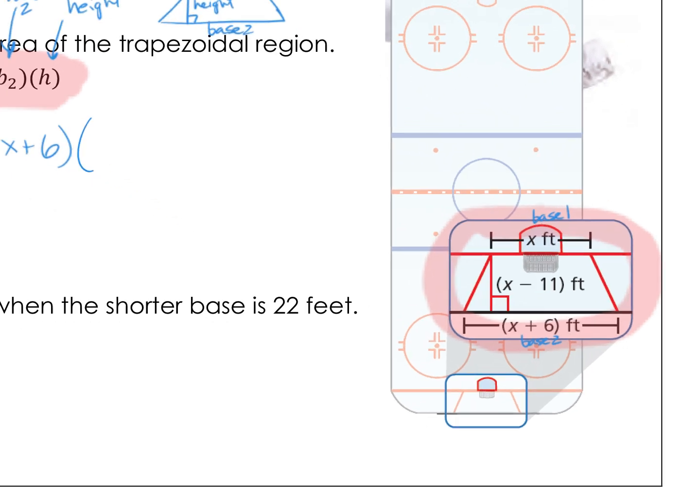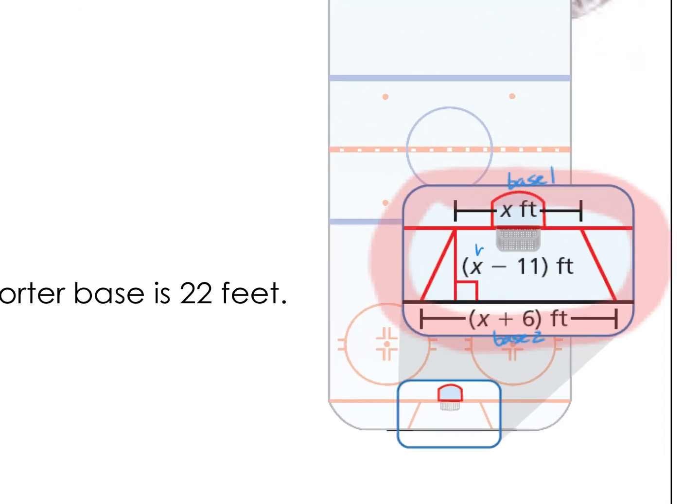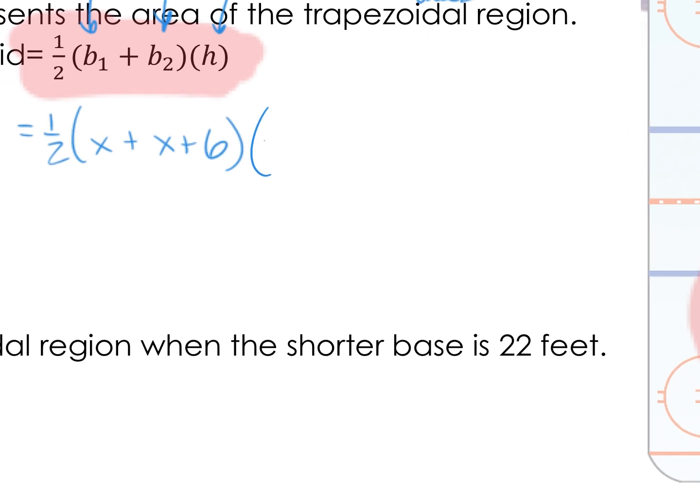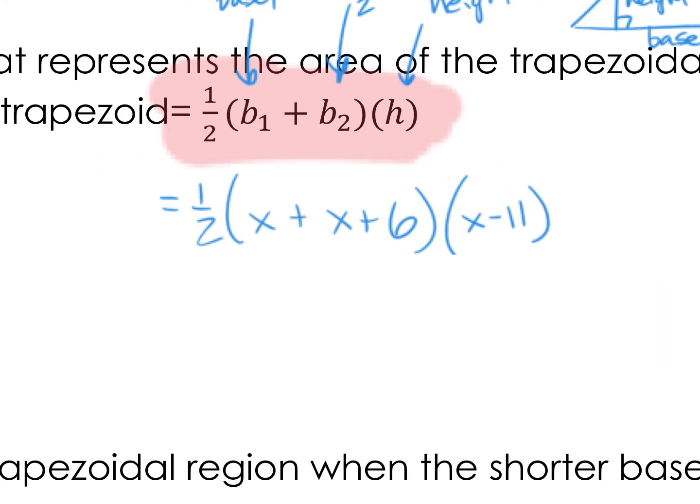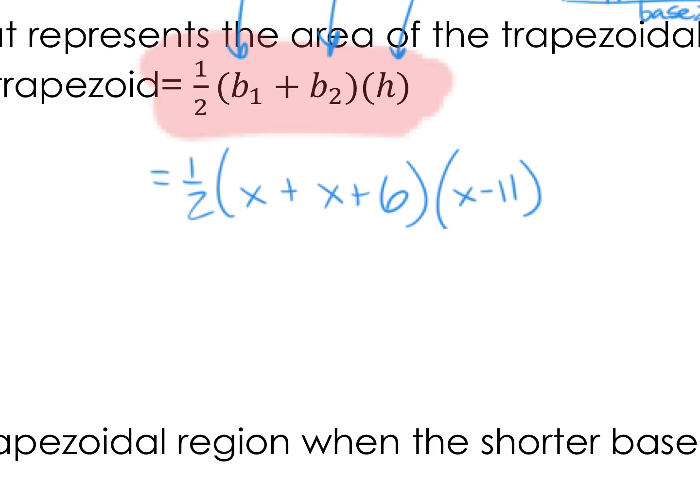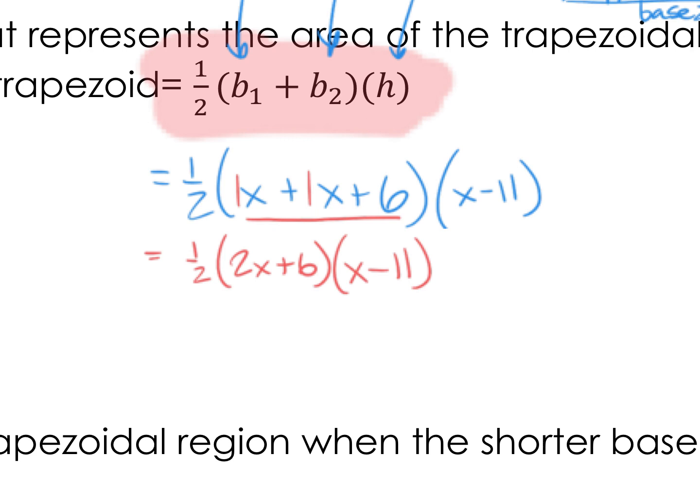So the height in my trapezoid here is going to be that x minus 11. All right. So let's simplify this. And I'm going to start with my typical order of operations because I can simplify what's in this first set of parentheses. So I'm going to keep my 1/2, but I'll go ahead and combine 1x and 1x gets me 2x plus 6 times x minus 11.